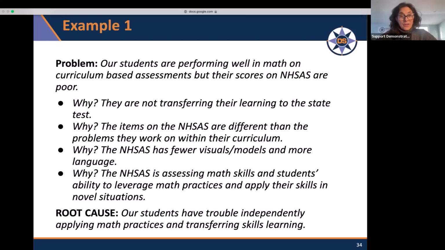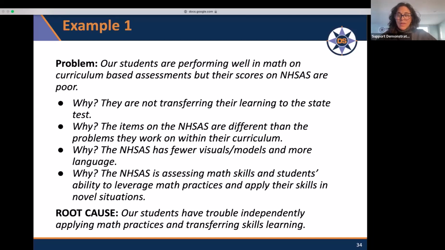Well, upon closer analysis, the SAS has fewer visuals and models and more language. Well, why is that? The SAS is assessing math skills and students' ability to leverage math practices and apply their skills in novel situations. Okay. So what I came down to in this internal dialogue that I made for the slide is our students have trouble independently applying math practices and transferring the learning skills, right?